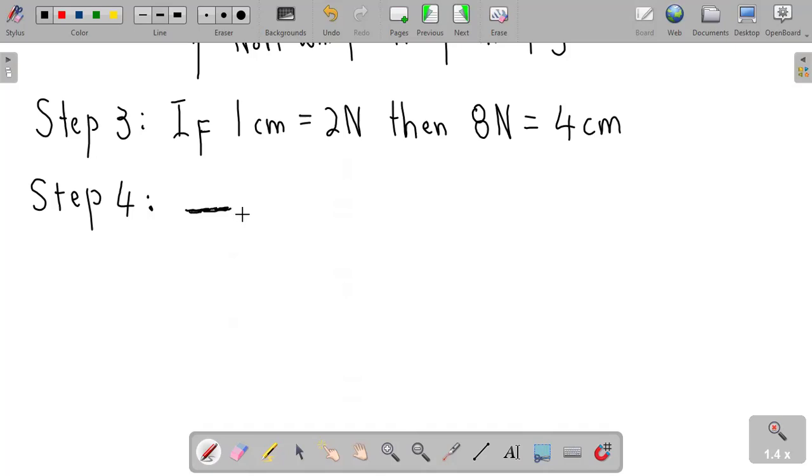It has to be 1 centimeter and it's pointing that way. So if it's 1 centimeter, it's going to be 2 newtons. And then this one is going to be 4 centimeters. So we come here. It's going to be what we have here, and then it's going to be 4 times longer.